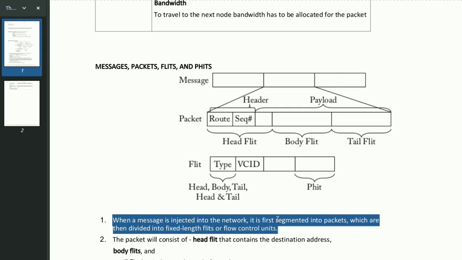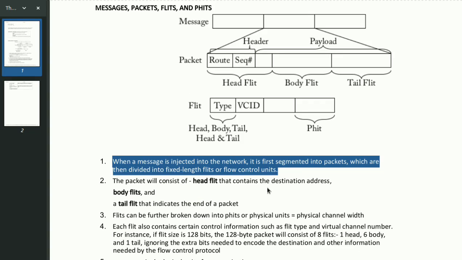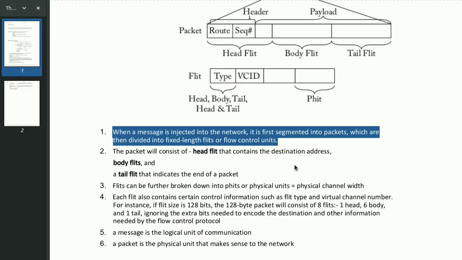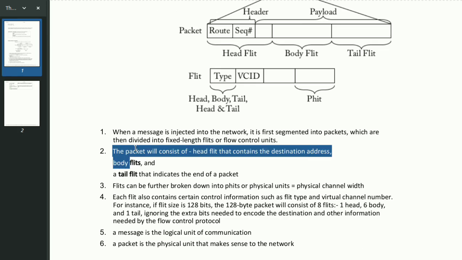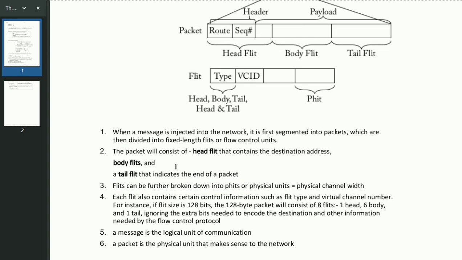So when a message is injected into the network, it is first segmented into packets, which are then divided into fixed length flits or flow control units. The packet contains a head flit and this head flit contains the destination address. The packet also contains body flits and a tail flit. The tail flit indicates the end of the packet.